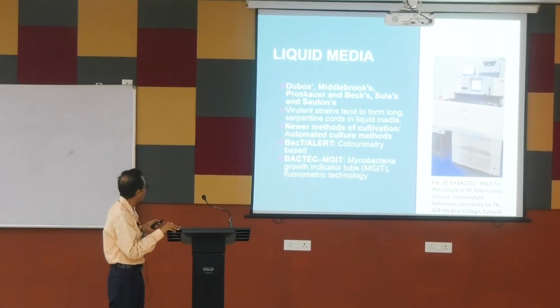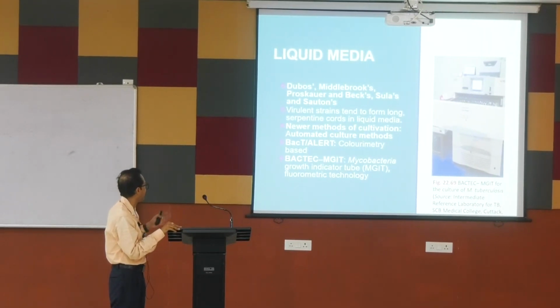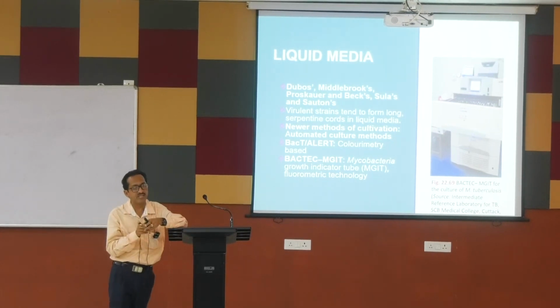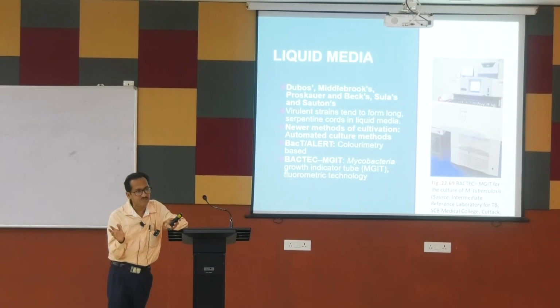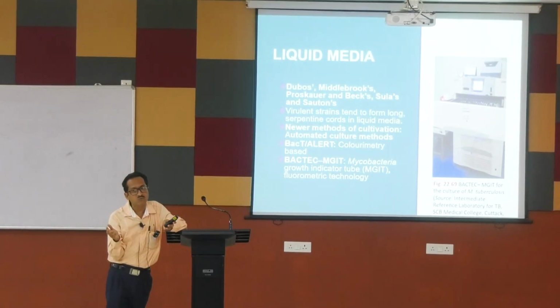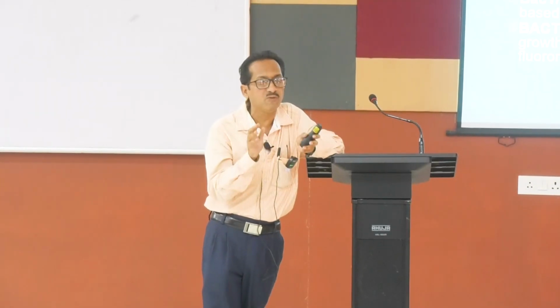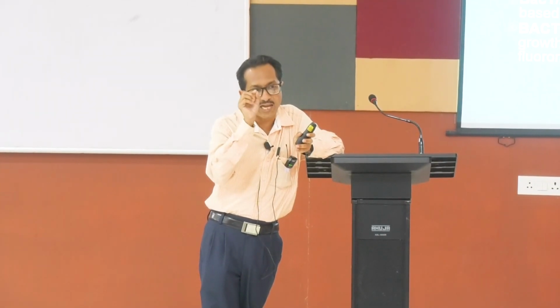Middlebrook media is mainly used for BACTEC MGIT tube. It is a liquid culture media. What is the advantage? Turnaround time is less. It can come positive in 2 weeks or 3 weeks. How does it look in liquid media? When you see it in an inverted microscope, a serpentine cord-like character will appear.